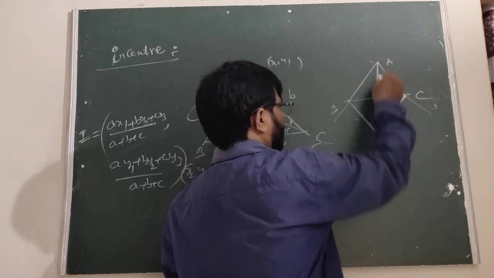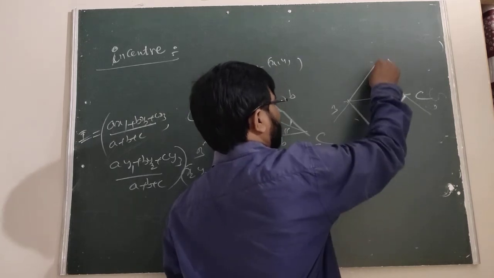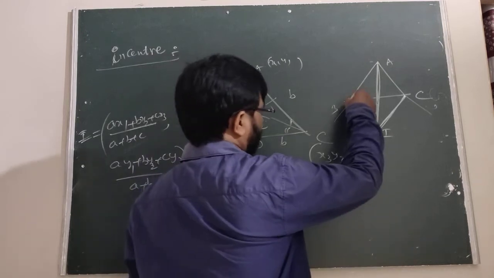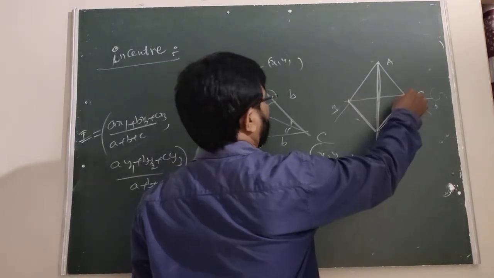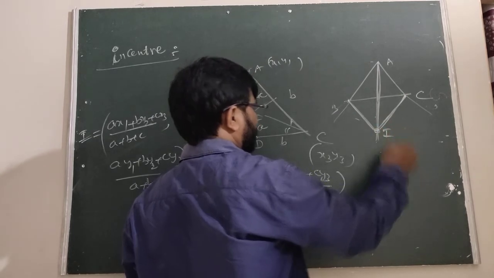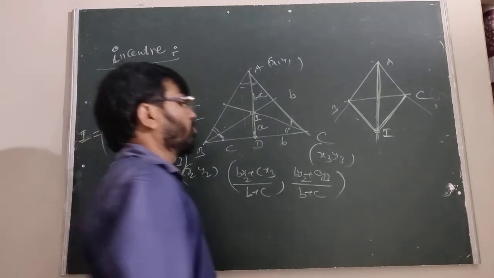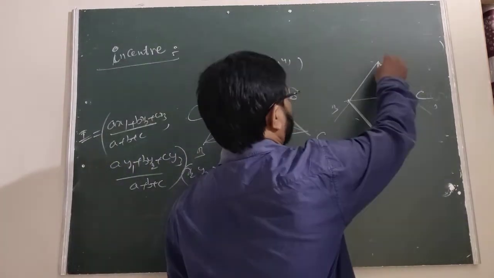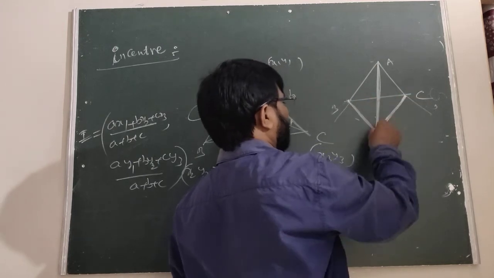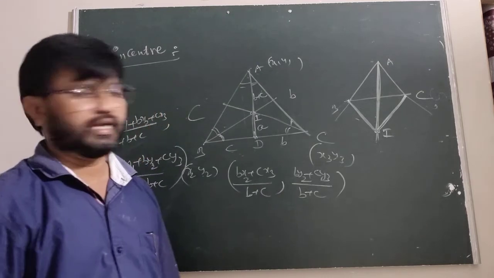The internal bisector of angle A and the external bisectors of angles B and C are concurrent. The point of concurrence of the internal bisector of angle A and the two external bisectors of angles B and C is called the excenter.